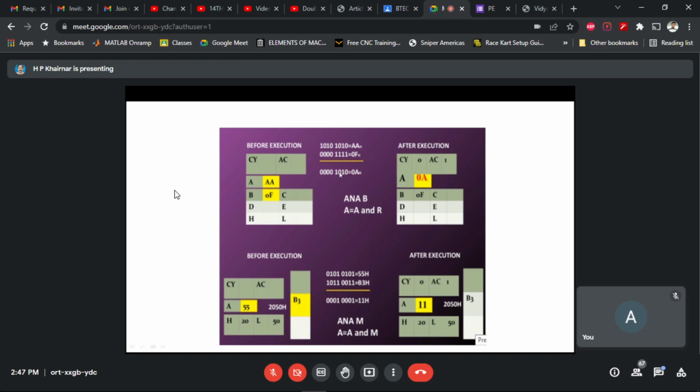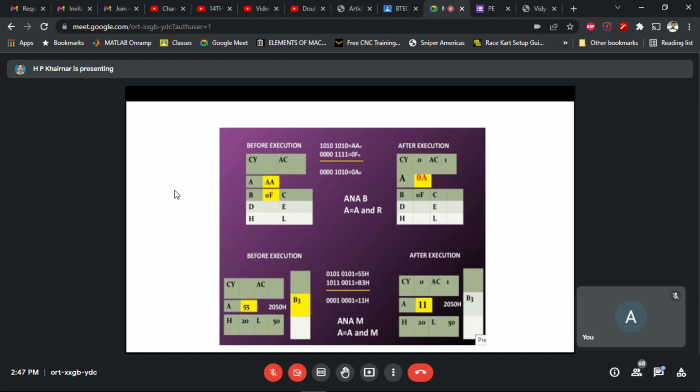See, these are two different things. The rules for addition and subtraction are a different thing, and logic operation is a different thing. Otherwise you could have obtained a different output.